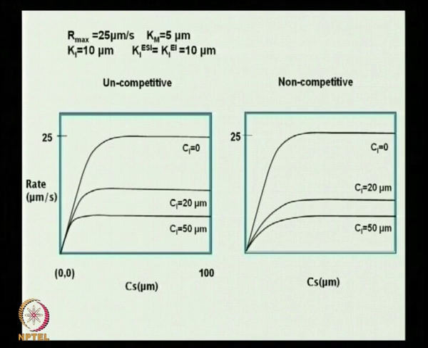So, this is one way you can stop inhibition from the product, but life is a little more difficult when the substrate starts to inhibit, okay. There is another kind of reaction, you probably know, called autocatalytic reactions.